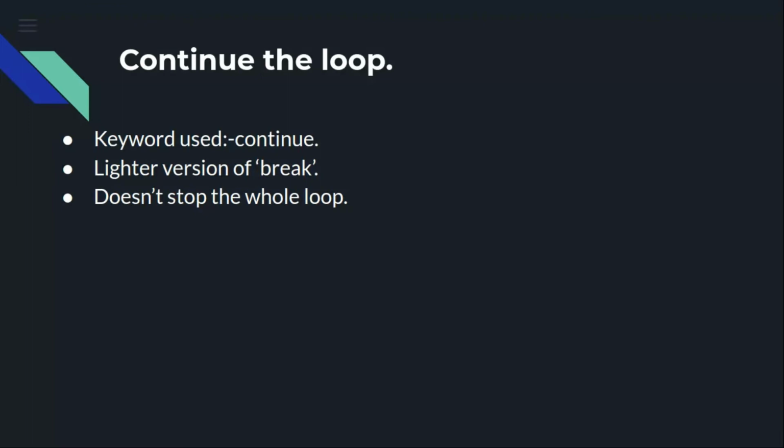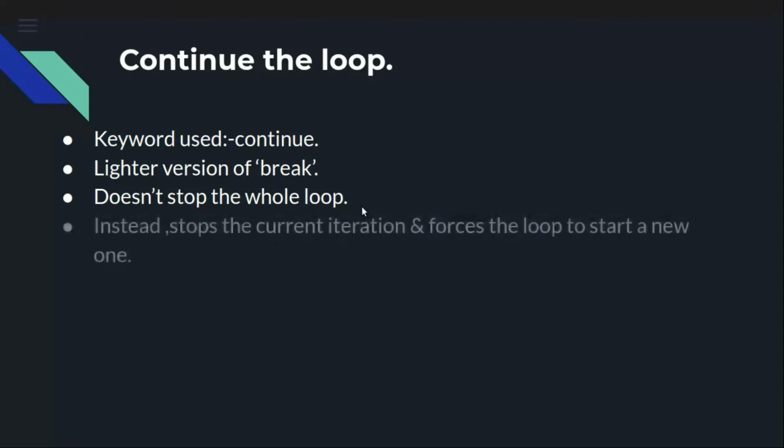So in the previous example, the output alert 4 will also come out. So 0, 1, 2, it will skip 3 and then 4, right? Instead, it stops the current iteration and forces the loop to start a new one, as I have told you. So it is very important, and it's a very easy concept to understand.